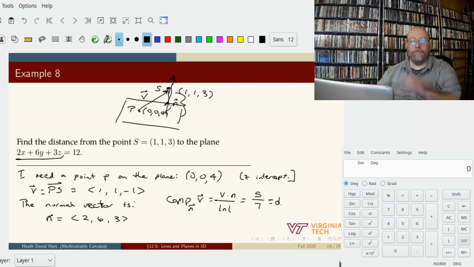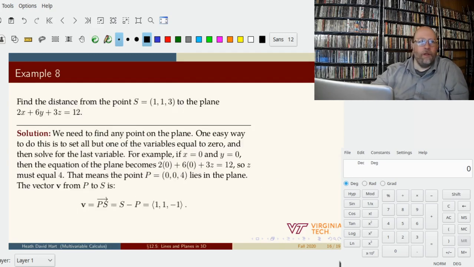All right. The next couple of slides walk us through this. We need to find any point on the plane. One easy way to do this is to set all but one of the variables equal to 0 and solve for the last one. So we don't have to use x and y. We could have used x and z or y and z, but pick a point on the plane.